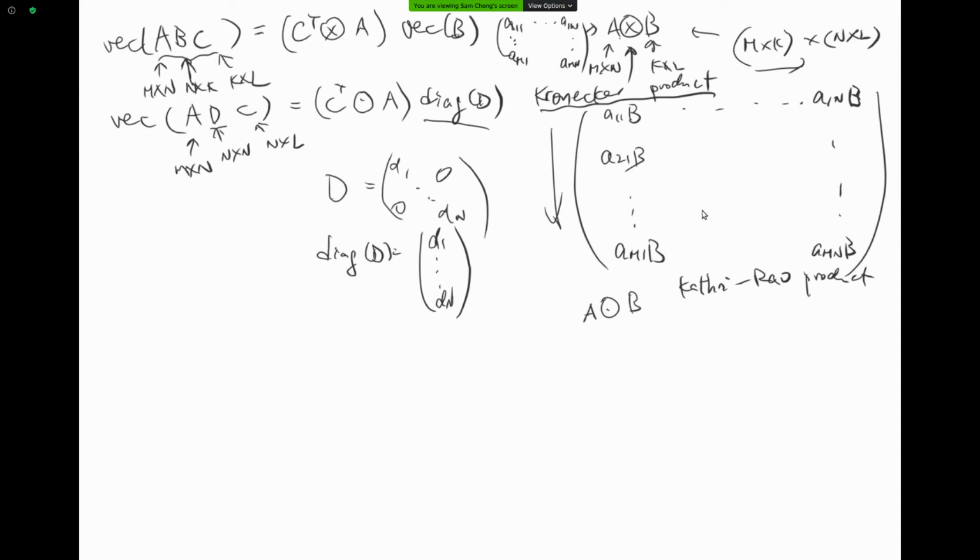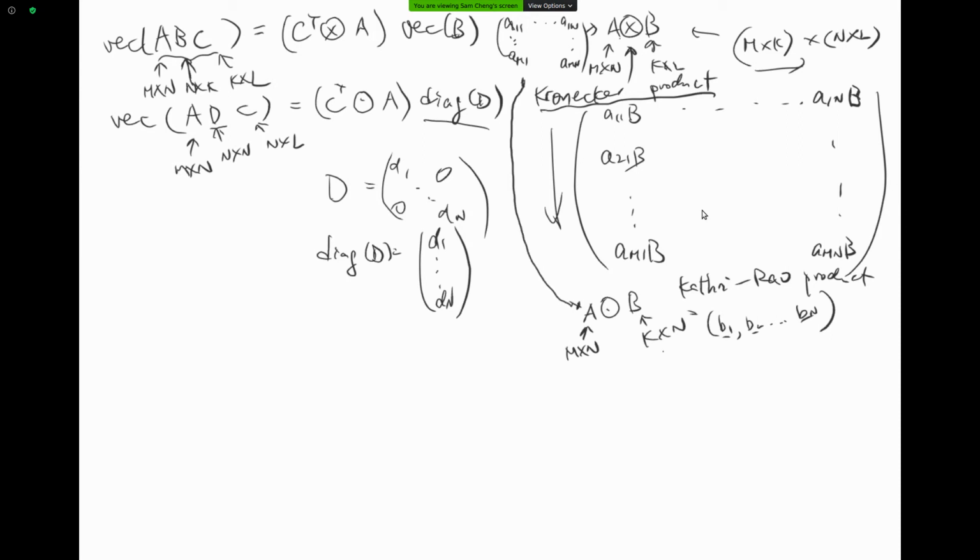More precisely, let's say matrix A again is m by n, and for B I need to make sure the number of columns is the same, as you will see why I need that. So let's say B has dimension k by n, with columns B1, B2, and so on up to Bn. And A has the same elements, A11 up to AMN.